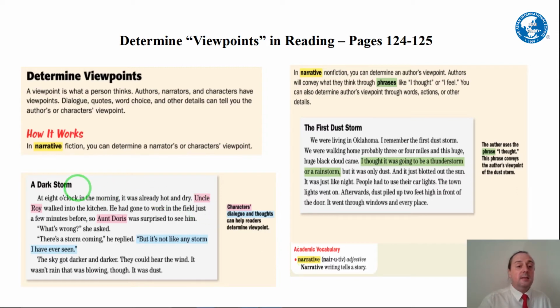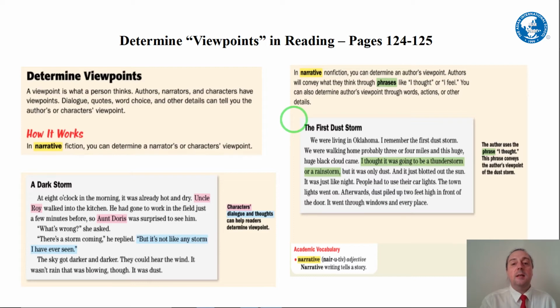So here's an example over here, A Dark Storm. Read it, take 1 minute, and tell me what you think the viewpoint is. So when we look at this story, we see here that Uncle Roy says, "It's not like any storm I've ever seen." That tells us his viewpoint on the story.